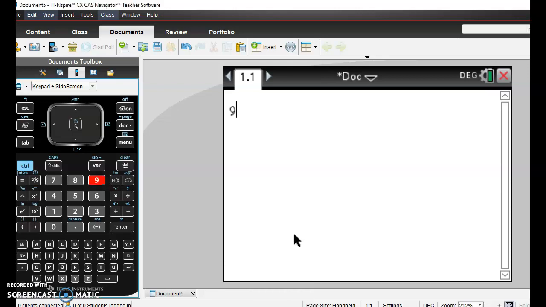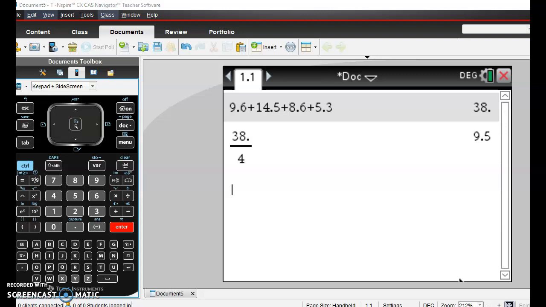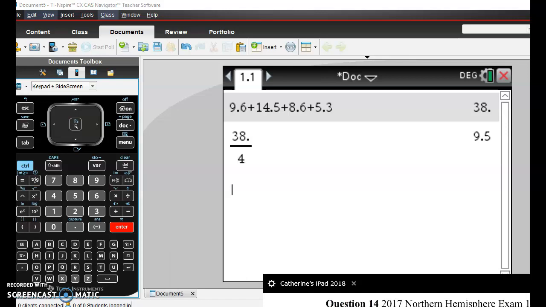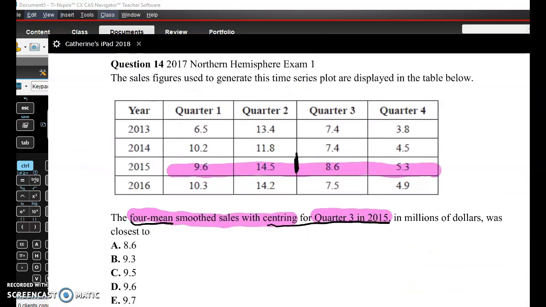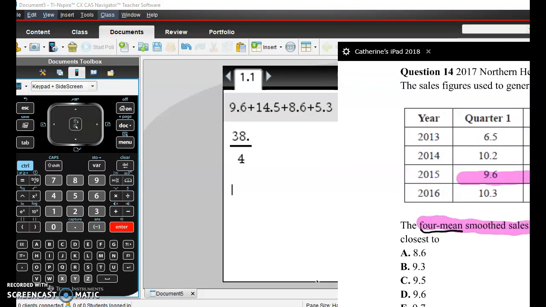So 9.6 plus 14.5 plus 8.6 plus 5.3 equals, divided by 4. So that's 9.5.